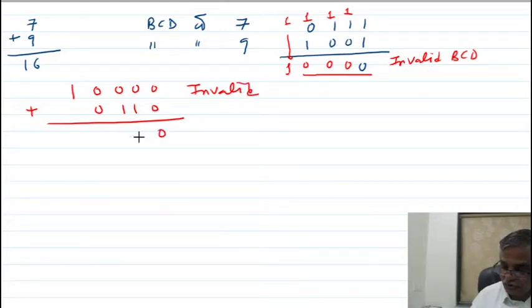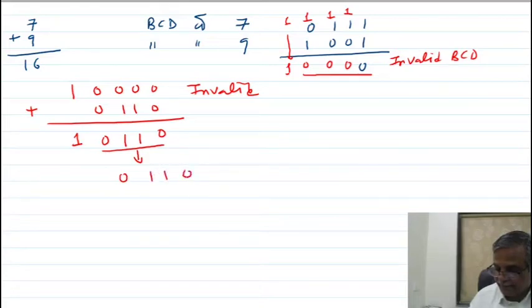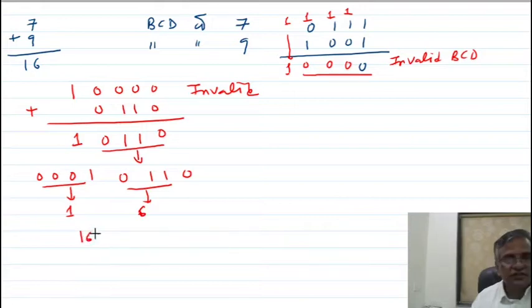Now it is 4-bit each, so this is your 1 and this is your 6. So the answer is 16.